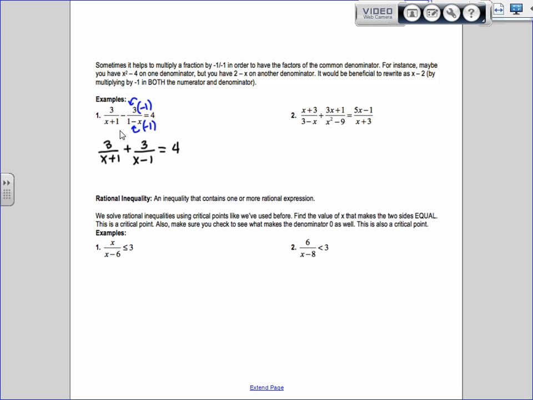All right, so my least common denominator is then going to be x plus 1 times x minus 1. There you go. So when I multiply, my x plus 1's cancel. I have 3 times x minus 1 plus the next one, the x minus 1's cancel, so I have 3 times x plus 1. And the last one, I'm going to have x plus 1 and x minus 1 times the 4.